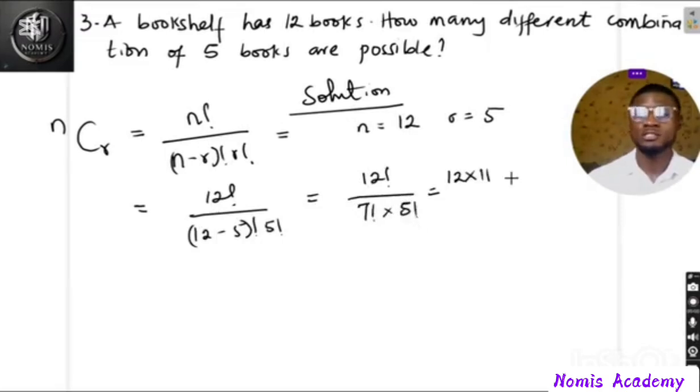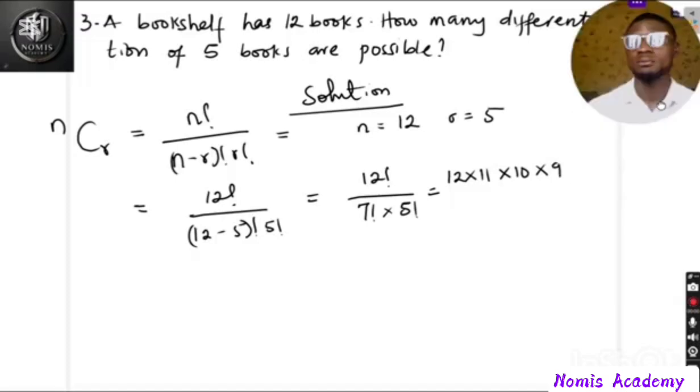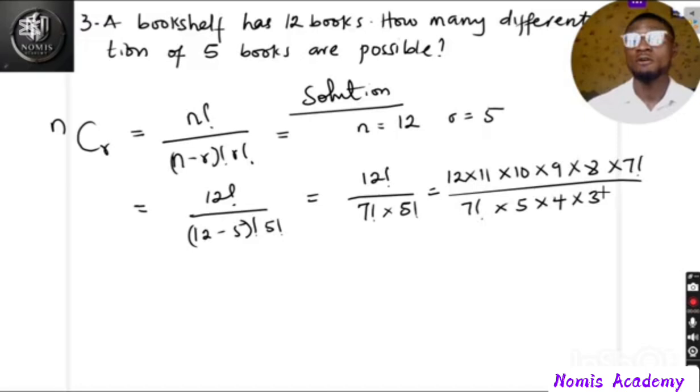So let's express it: multiply 12, multiply by 11, multiply by 10, multiply by 9, multiply by 8, multiply by 7 factorial, which is continuous, divided by 7 factorial, multiplied by 5 factorial, which is 5 times 4 times 3 times 2 and times 1. So 7 factorial can divide 7 factorial.